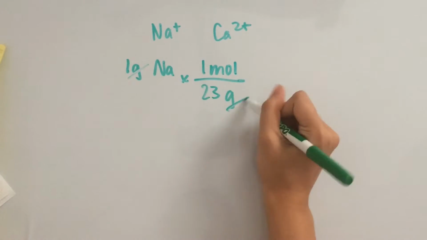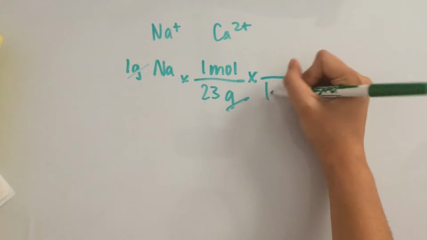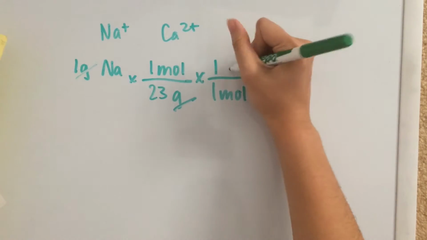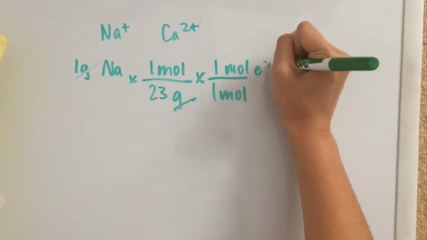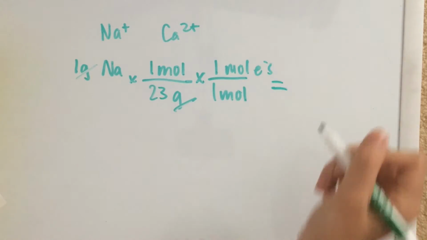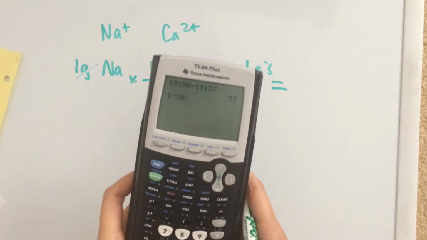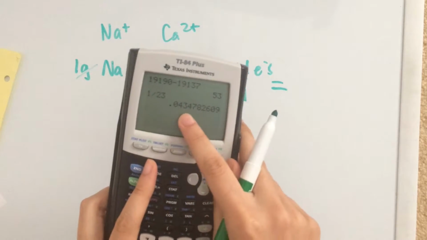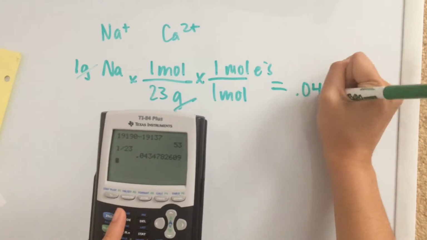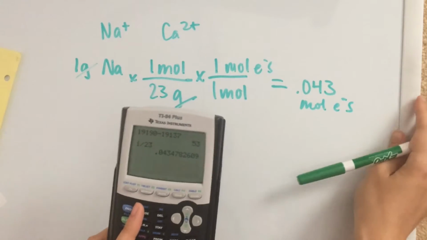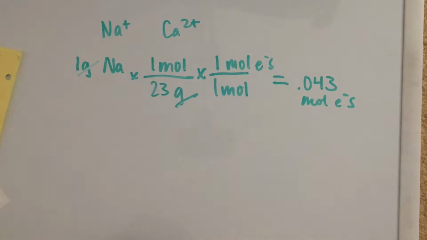So these now cancel out. And for every 1 mole of Na, we have 1 mole of electrons being transferred. So that's going to be 1 over 23, which is about 0.043 moles of electrons.